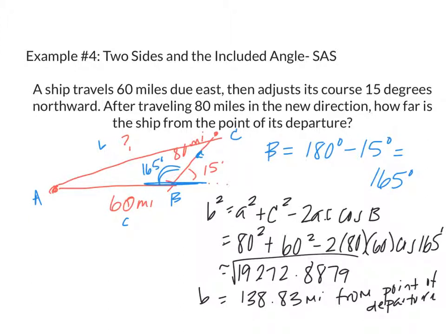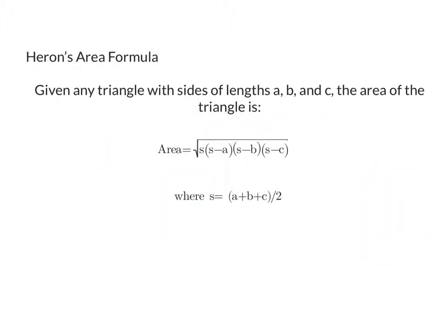All right, let's move on to Heron's area formula. Given any triangle with sides of lengths A, B, and C, the area of the triangle is the square root of S times S minus A times S minus B times S minus C, where S is the sum of all of the sides divided by 2.